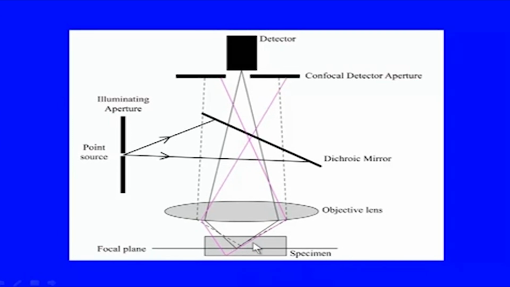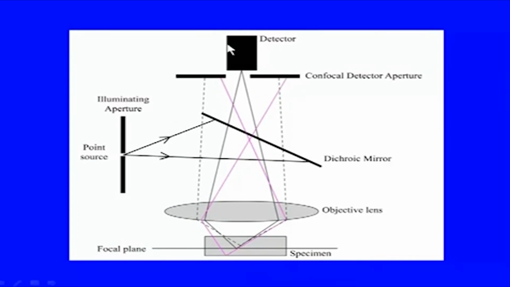You have a lot of images generated. When it is at a particular focal depth or focal point, the fluorescence which is emitted from there goes through the objective lens and is allowed to pass through to the detector. As we have already discussed, it will allow the particular wavelengths to pass through. So, when the point source and the point at the specimen are in focus with the detector, the fluorescence emitted from there will pass through this aperture, which is the confocal detector aperture, and the out of focus light will not be allowed to pass through.